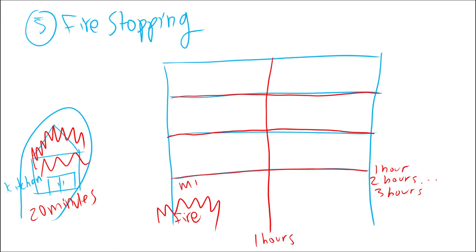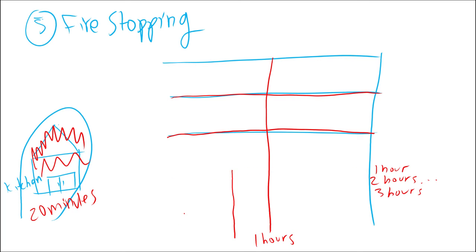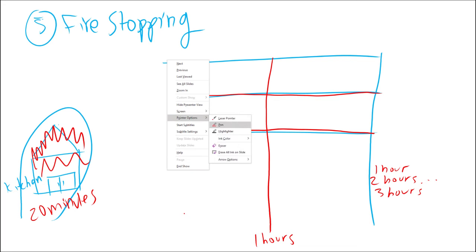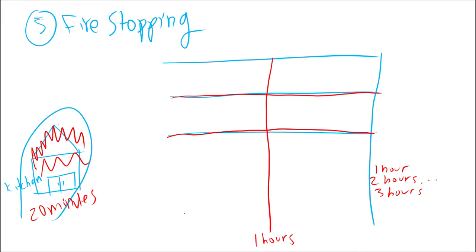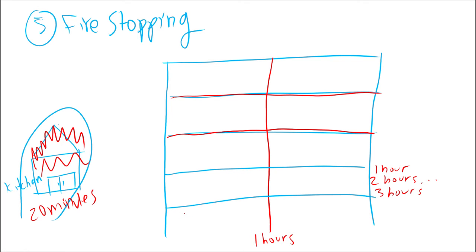So our MDF, for example, which contains our servers, we may want to put, let's scrap that. Let's say this is our office building, and this is our MDF, and this is our IDF.